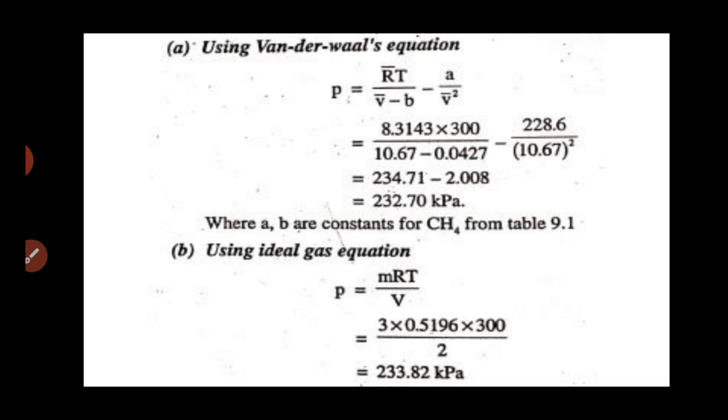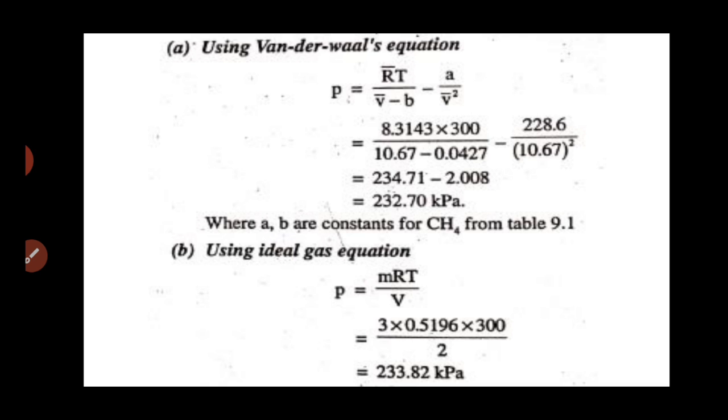Minus A, which is 228.6, divided by V bar, 10.67, squared. Solving this, you get the pressure as 232 kilopascal. These constants A and B are for methane, taken from Table 9.1, which, as I repeatedly told, is available in the thermodynamic data book.